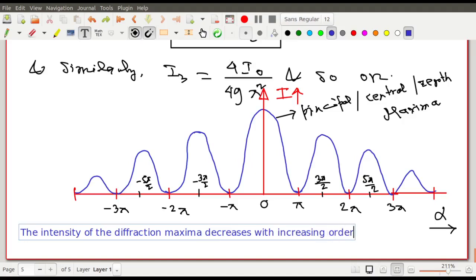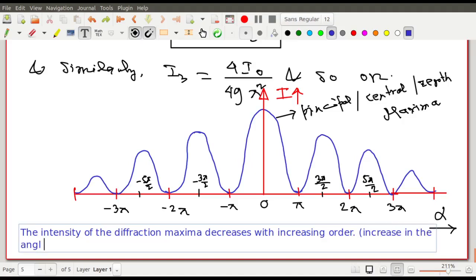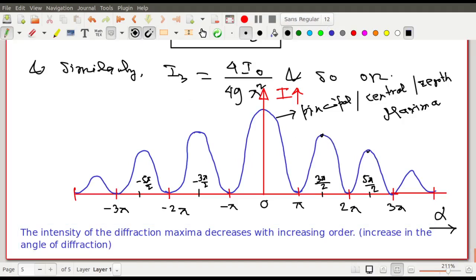Increasing order means increase in the angle of diffraction. Angle of diffraction means you are moving outward from the center. The intensity of the diffraction maxima decreases with increasing order, right? These are all maximas, but you see that the intensity are of diminishing magnitude.